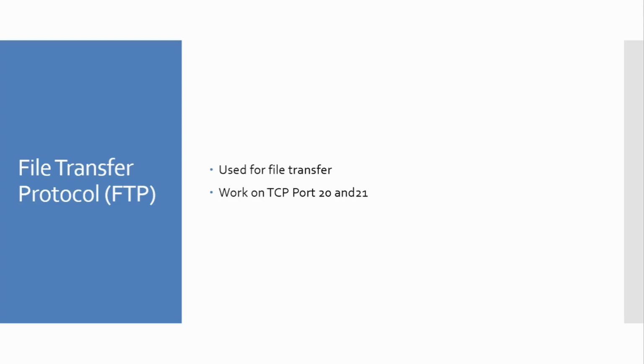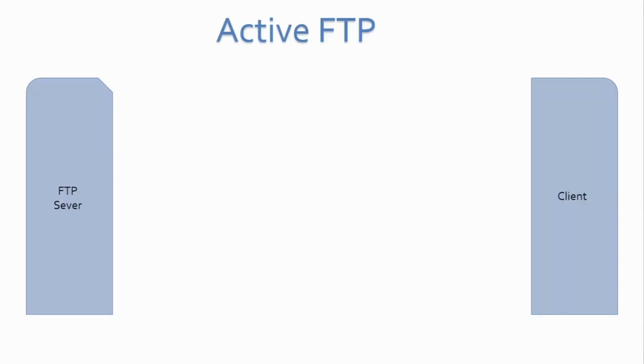And there are two types of FTP. There is the active FTP and the passive FTP. First, we will be looking at the active FTP. So in an active FTP, the first thing that's going to happen is that the client will do an initial connection to the FTP server, with the destination port being 21, and the source port is going to be any random port number from the client.